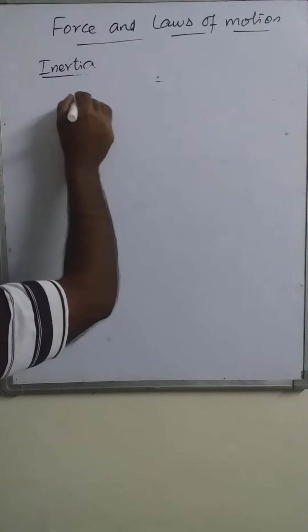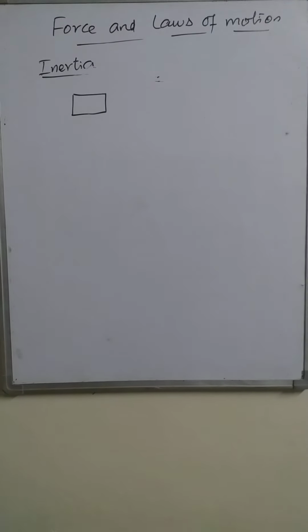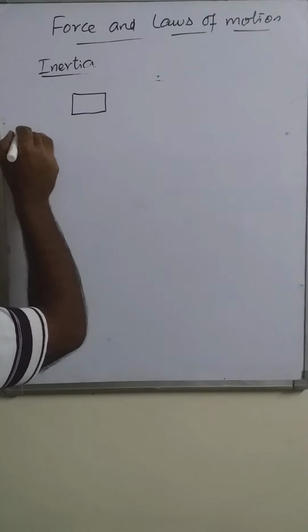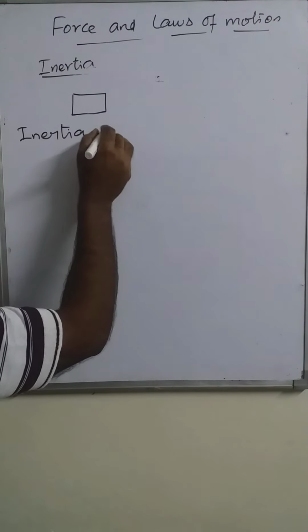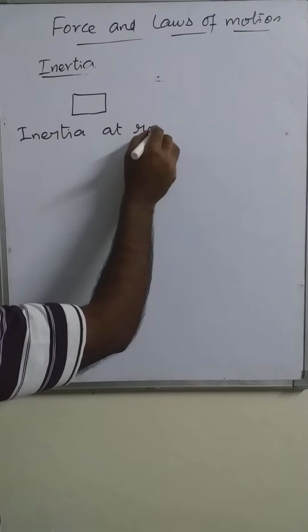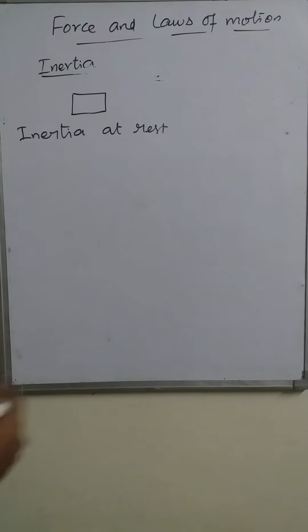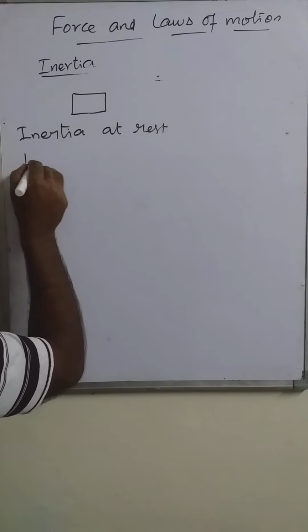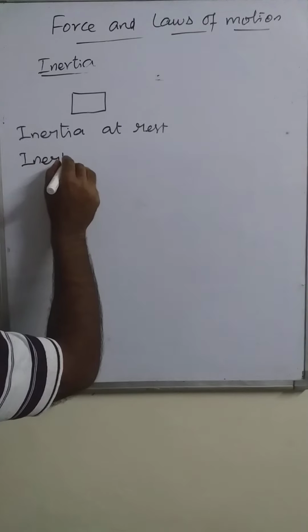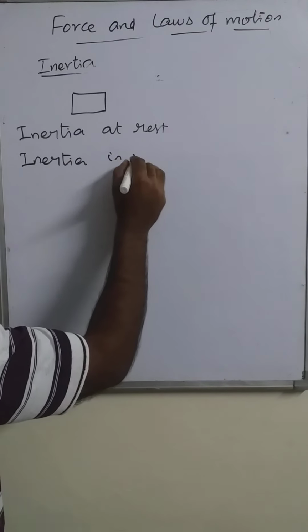If anything is at rest, we say it is inertia at rest. If it is in motion, a car is moving, a person is walking, then those objects have inertia in motion.